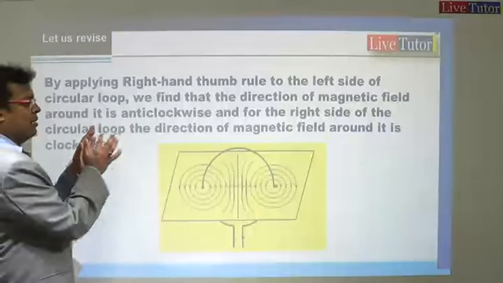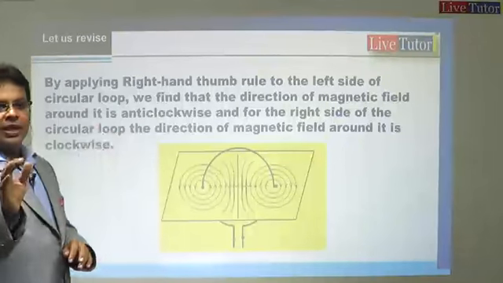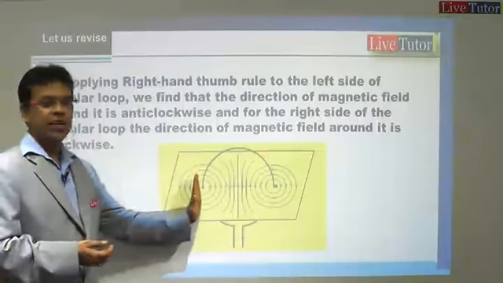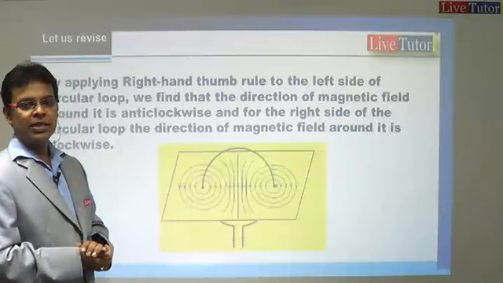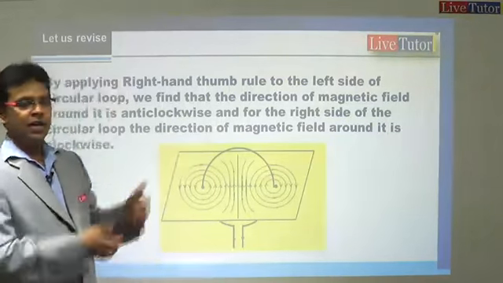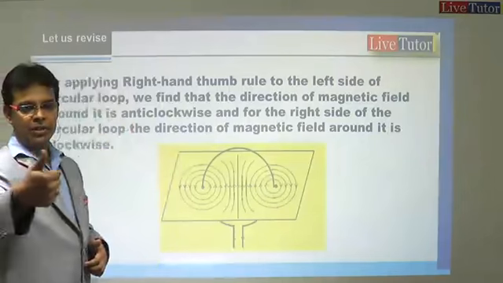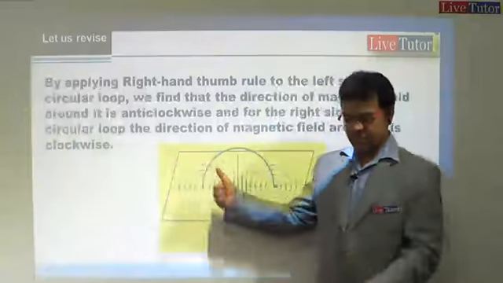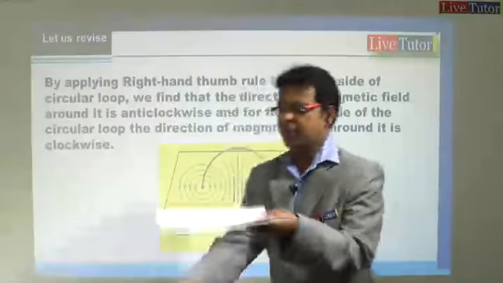See that? This is the answer. We are applying the right hand thumb rule to the left side first. So how to apply this? The current is flowing here, so keep the thumb of your right hand this way, since the current is in this direction. Say for example, this is the table.